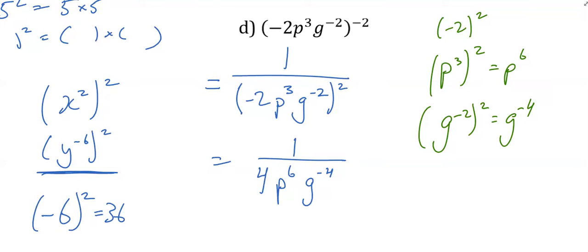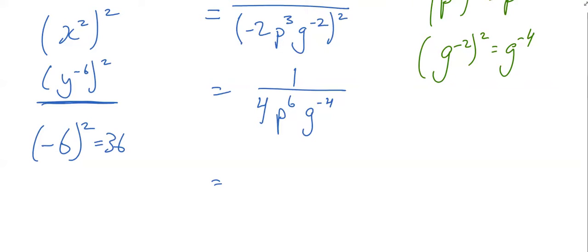Or I multiply this exponent into the brackets first, and I would get negative 2 to the negative 2, which is a little awkward, but that's okay. P to the negative 6, g to the positive 4. Do you agree?